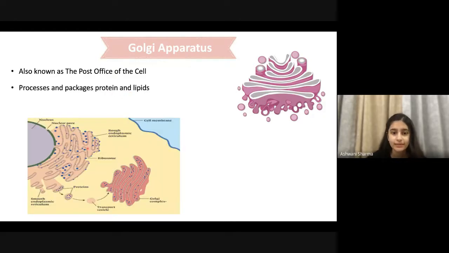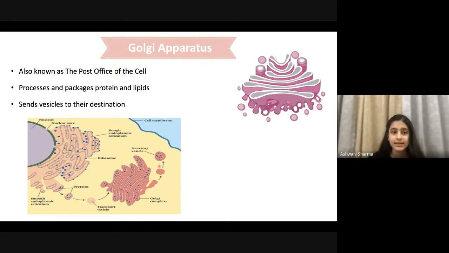Over here, in this diagram, this part that you can see is the Golgi apparatus. And we can see a vesicle budding off containing all the proteins coming to the Golgi apparatus. This Golgi apparatus will then process and package all of these proteins. And after they're processed and packaged, it will again bud off from the Golgi apparatus into another vesicle.